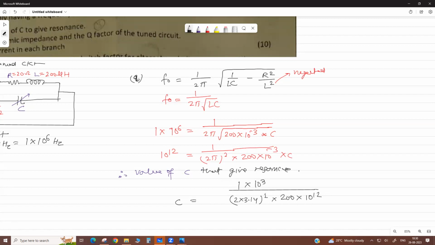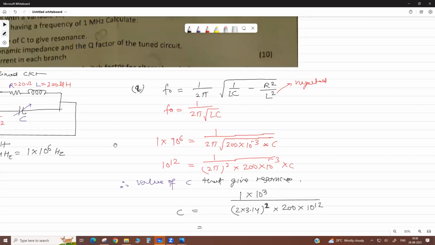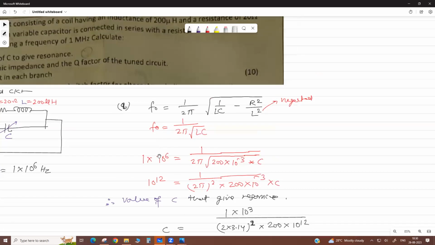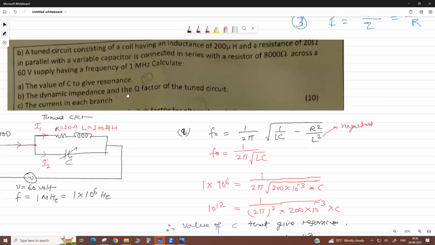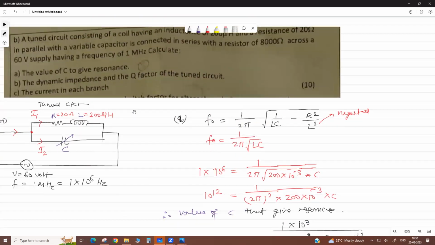Now if you solve this, we get the value of C. Then you can calculate it in microfarad or picofarad.